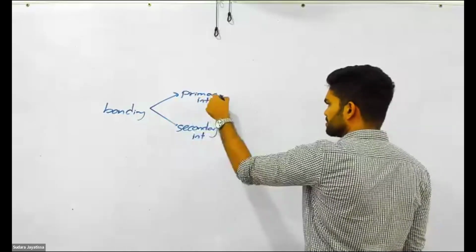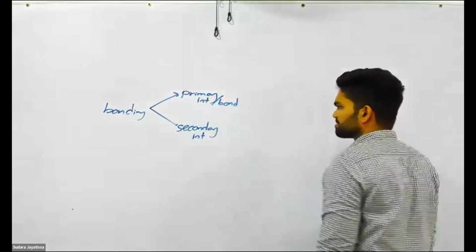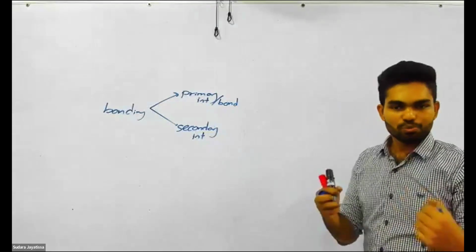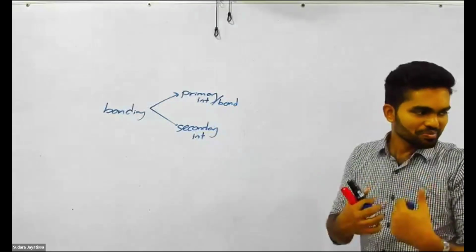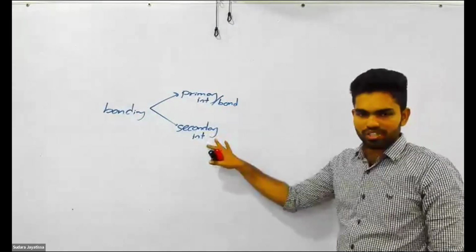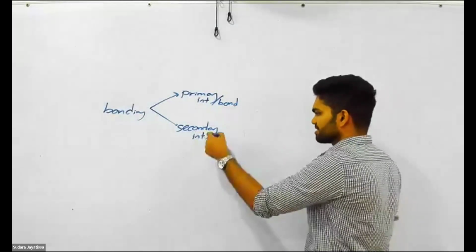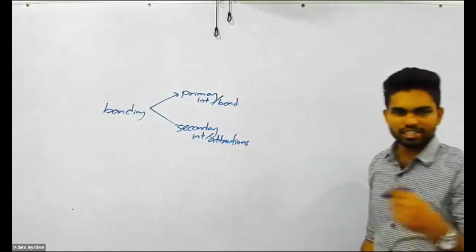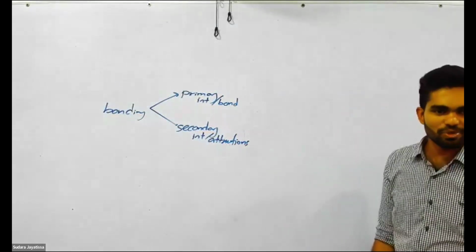Primary ones are called bonds. The word bond carries some heavy meaning; a bond is something kind of strong. For secondary ones we don't call them bonds. These are called attractions. It implies it's not as strong as a bond.